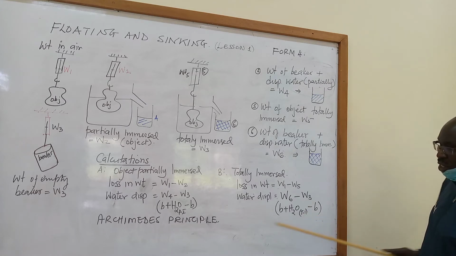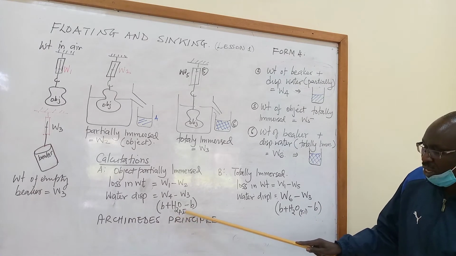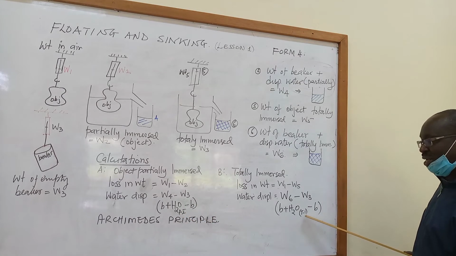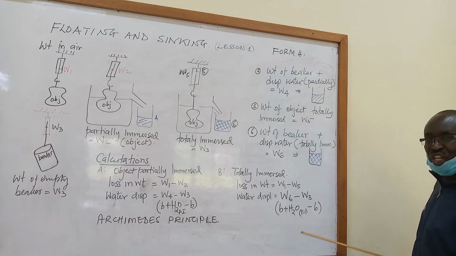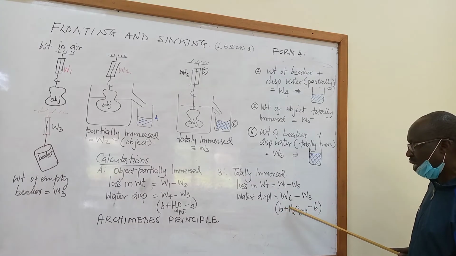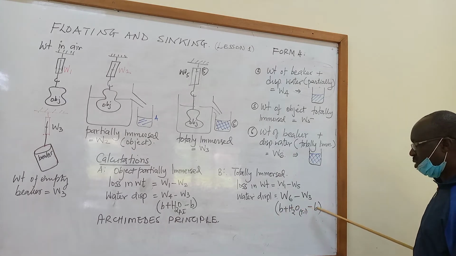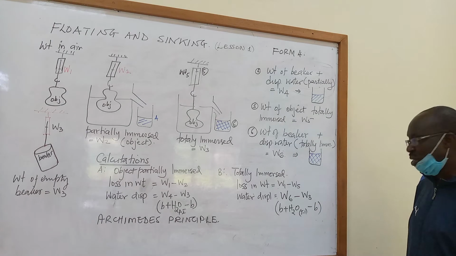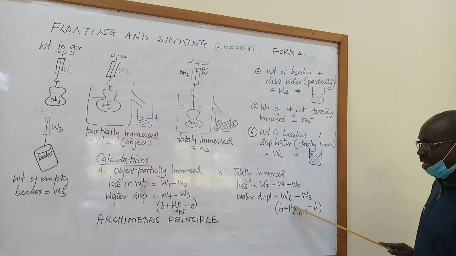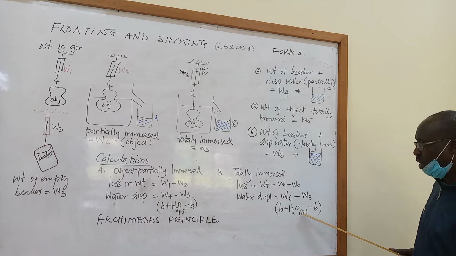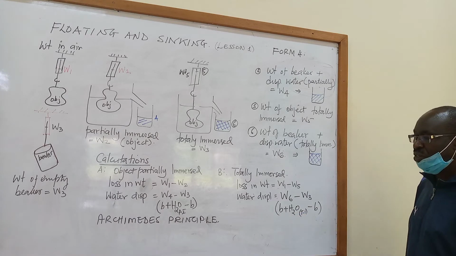TI, totally immersed. PI, partially immersed. Even if I was to use algebra, B plus water minus B, B will cancel minus B. So you have the weight of water under which scenario? When it is totally immersed.